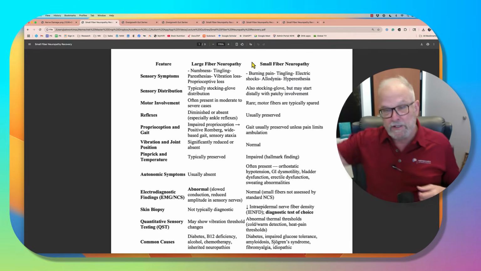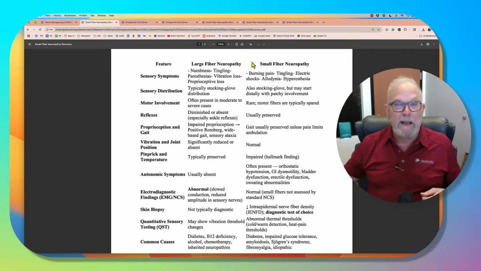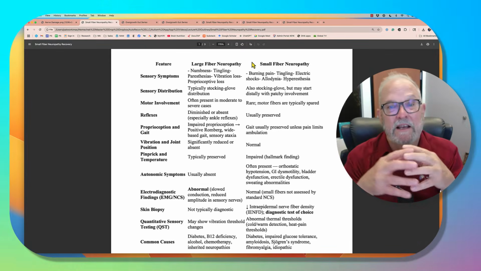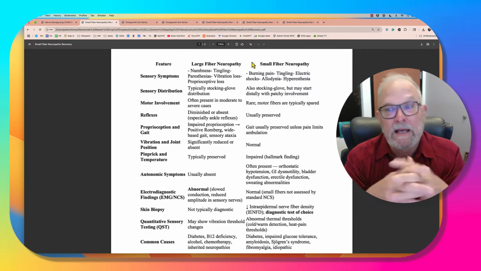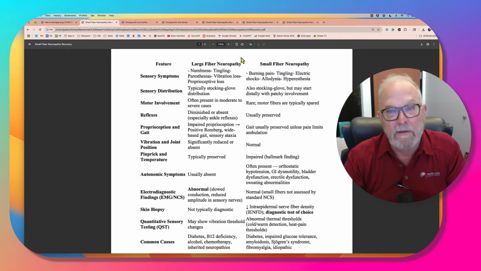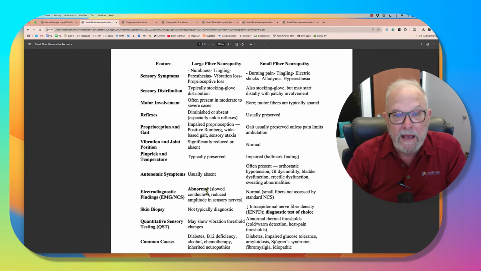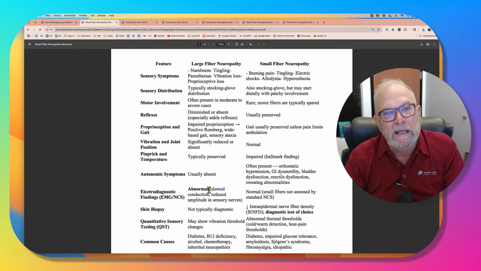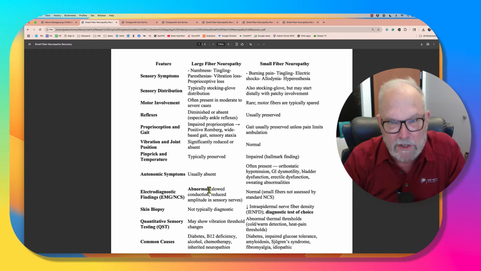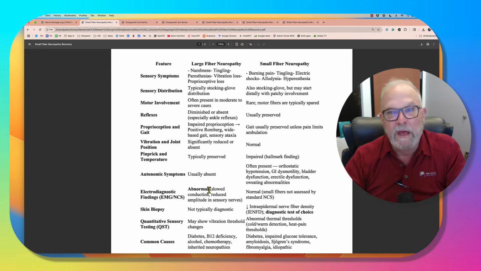Your reflexes, where the doctor takes that little rubber hammer and hits your knees to check your reflexes, balance, and so forth. Large fiber is commonly diagnosed best by what's called the nerve conduction study. They basically shock your nerve. It's not the most comfortable thing, but that's how you do that.